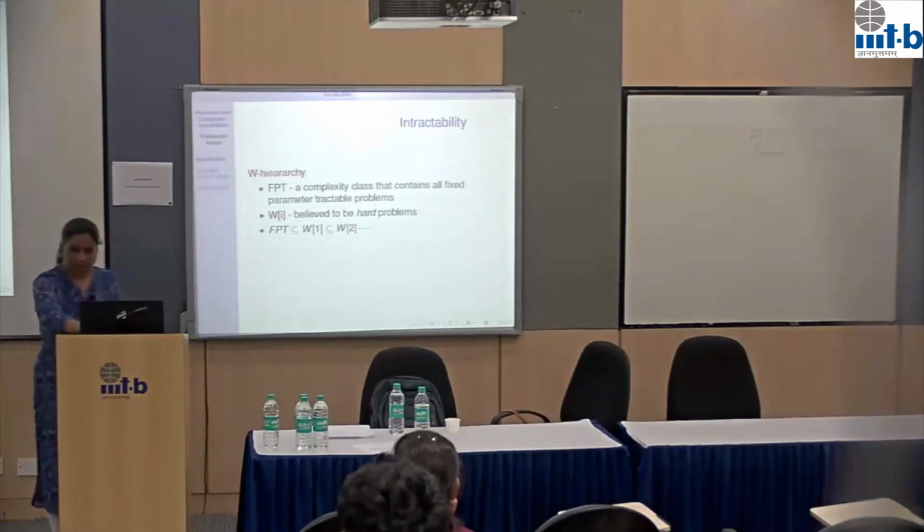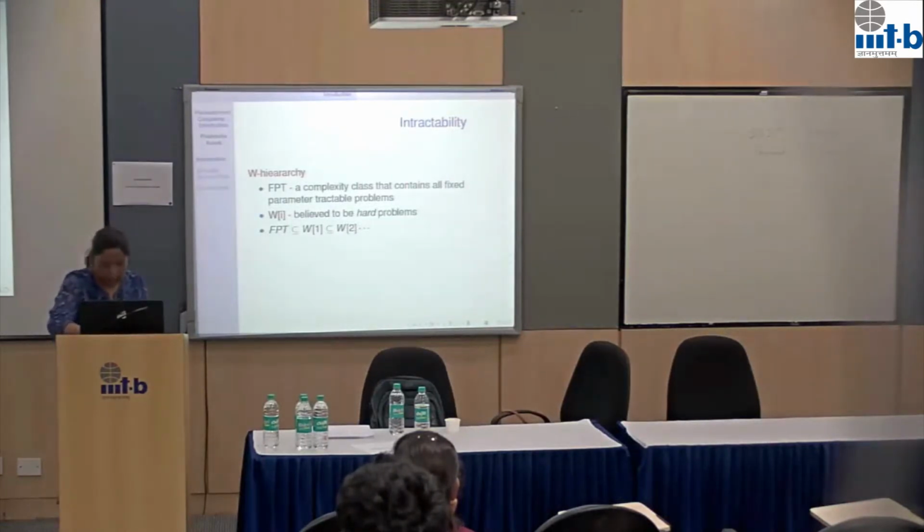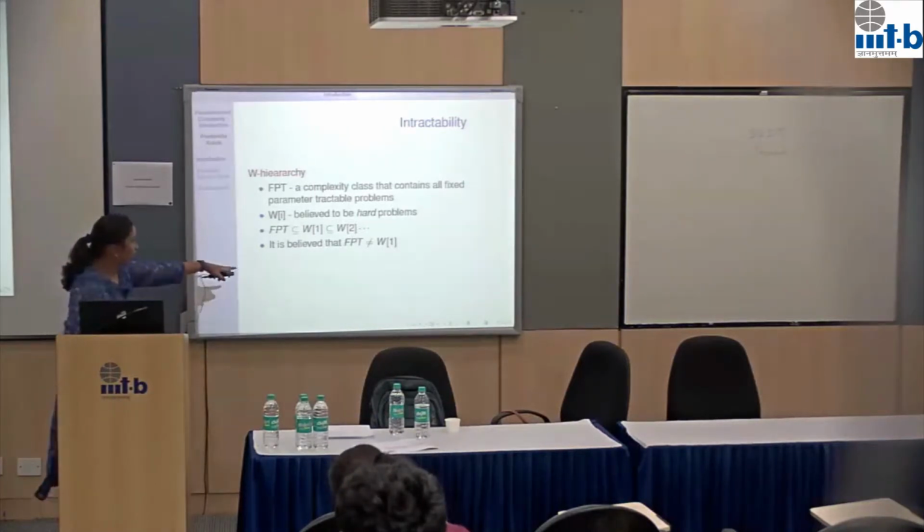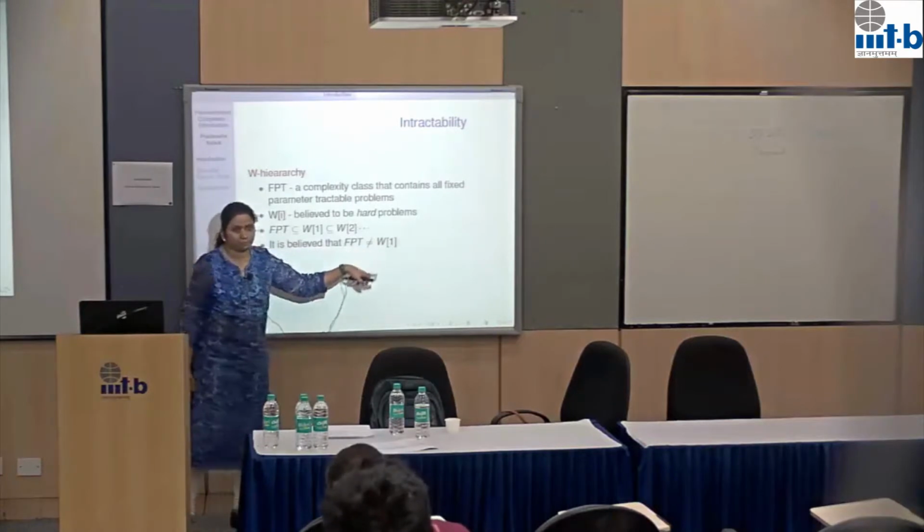But when you're designing algorithms, the thing to keep in mind is that WI contains problems which may not have FPT algorithms at all, unless of course P equals NP, and also the assumption that FPT is not equal to W1.